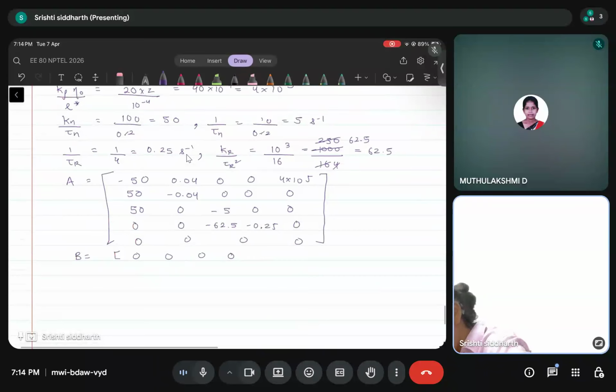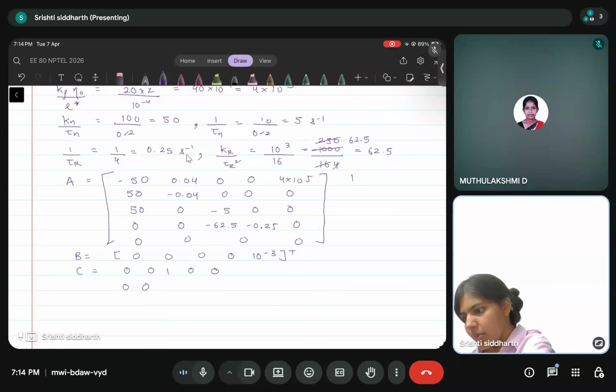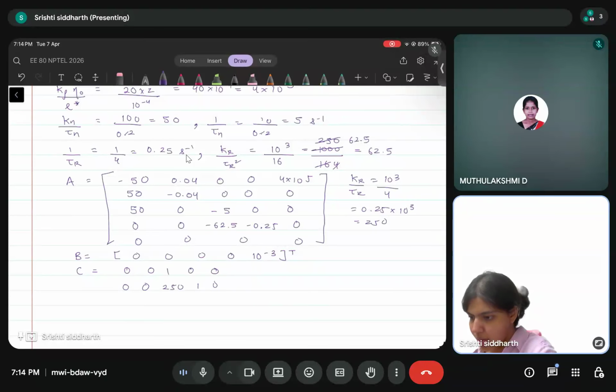Kn is already given. This is 10 to the power minus 3 transpose. Now see, first row is the state Vn, and Vn is the third state. 0, 0, 1, 0, 0. And we have 0, 0, kr over tau 1. So let's complete that. Kr over tau 1, 2.25 into the power 3. So it's 250 and 0.